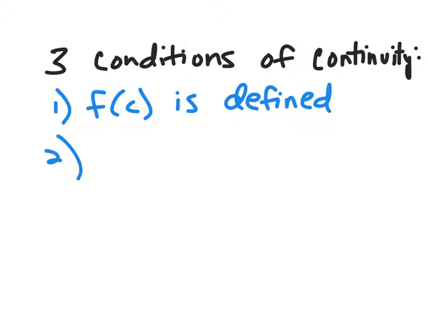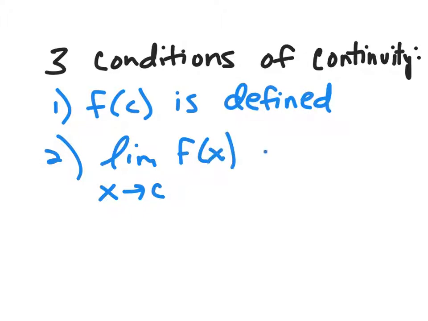The second condition is that the limit as x is approaching c of f of x actually exists. So in other words, the function actually has to connect from both sides. And we'll see an example of this in a moment when I sketch out different examples. The third and final condition of continuity is that once you have your point, f of c, and you have your limit, they must actually equal each other.